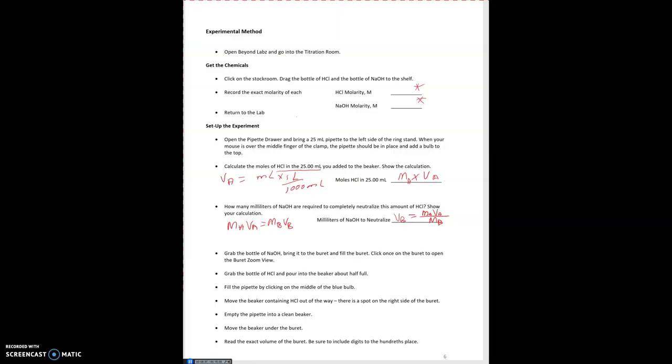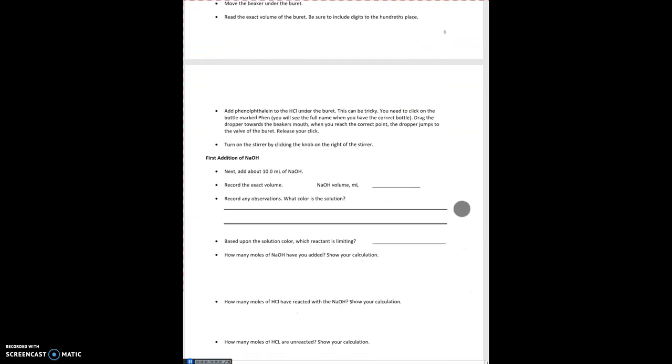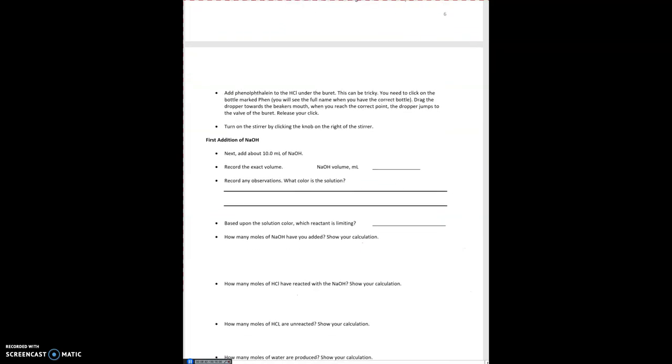So now you're well on your way to doing the calculations you need to do. You're going to record the exact volume of the sodium hydroxide. That should be read to 0.01 milliliters.